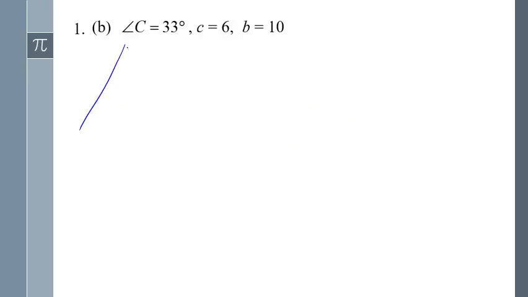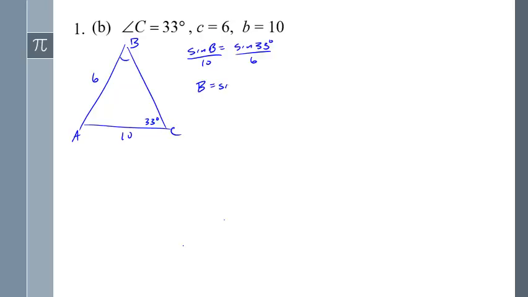For 1B, I'm going to start the same way. I'm going to sketch a triangle, A, B, C. This is 33 degrees, 6, 10. And I'm going to do the exact same thing I did on the previous one. I'm going to start finding angle B. So the sine of B over 10 is equal to the sine of 33 degrees over 6.